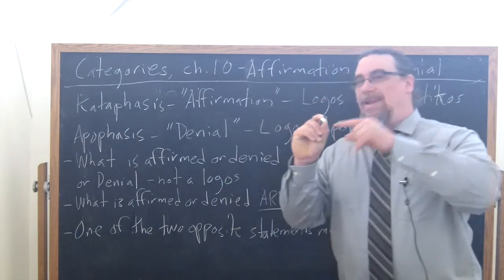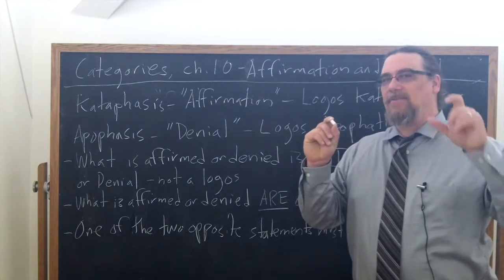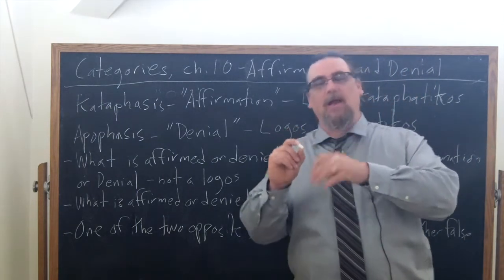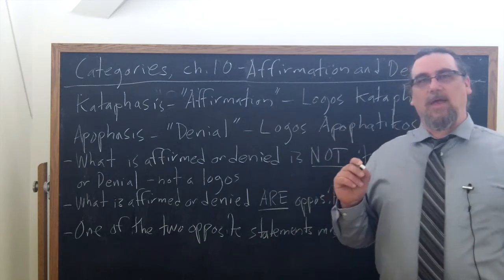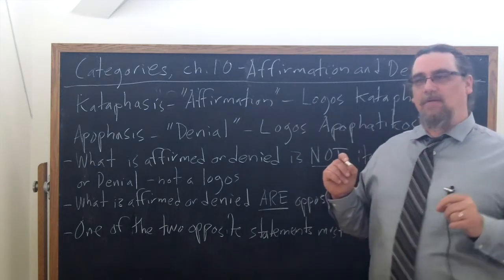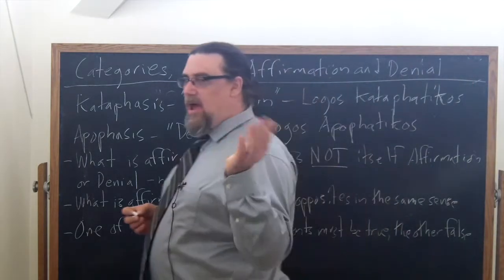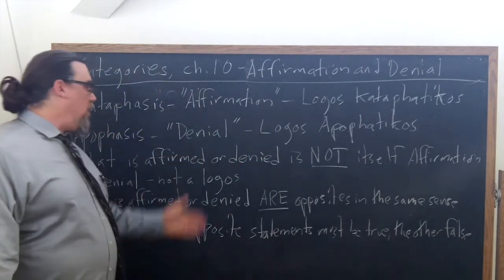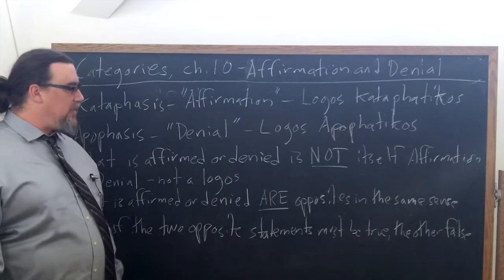The chalk being white is not itself a kataphasis. It is not an affirmation. It's just the quality in the chalk that we're referring to in language. We are affirming whiteness of the chalk, and we could deny whiteness of the chalk as well. So those things are opposites in the same sense.